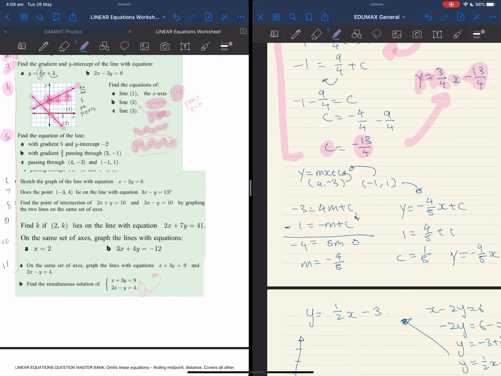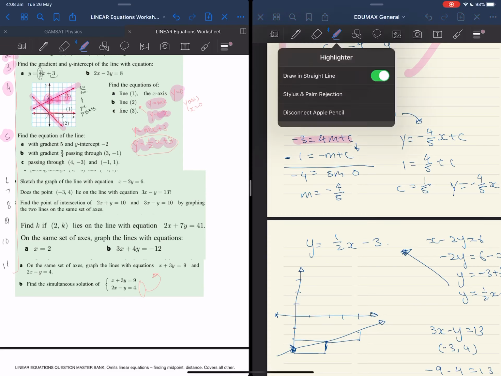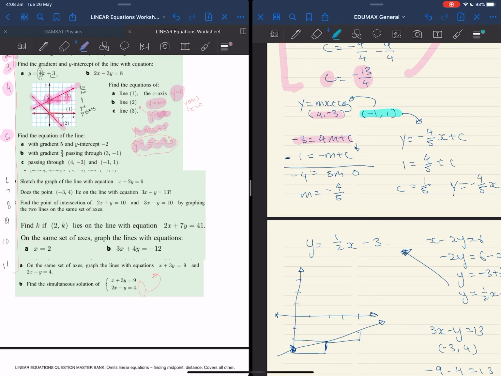Okay, and finally, the last one is passing through 4, -3, and -1, 1. This one is just general stuff. You substitute 4, -3 into the formula, and you get this. Now you substitute this other point into the formula again, and you get this, right?